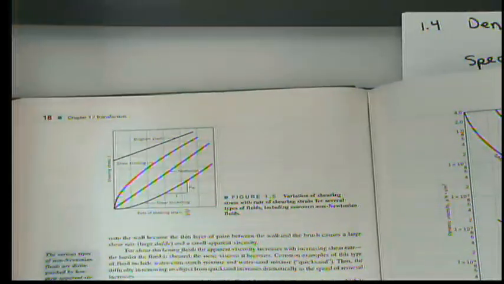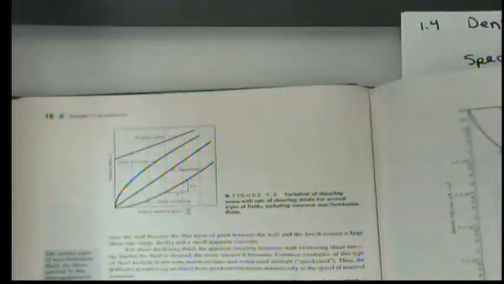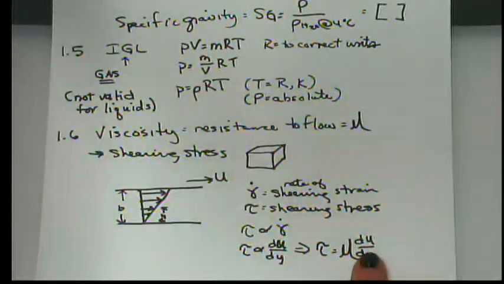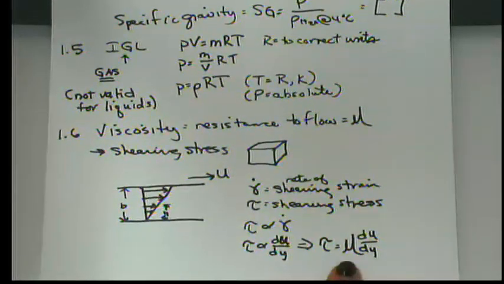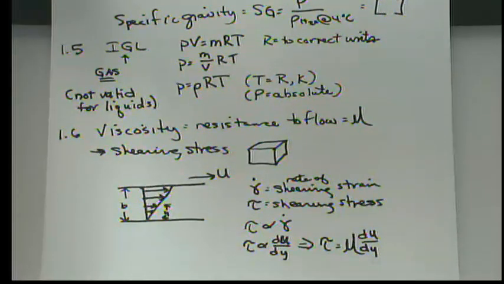The other ones are a little bit more interesting. But you can see from the work that we've done so far that if du dy is a linear relationship with tau, then mu is going to be a constant over some range of behaviors.